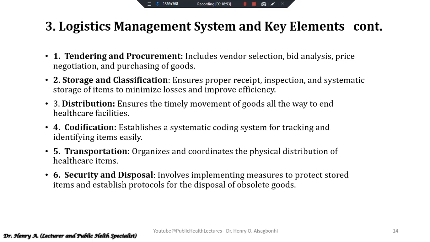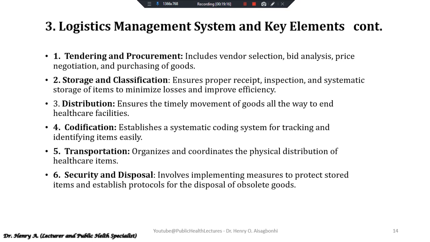Number 6 is security and disposal. Finally, protecting stored items and disposing of expired or obsolete ones responsibly is key because of safety.